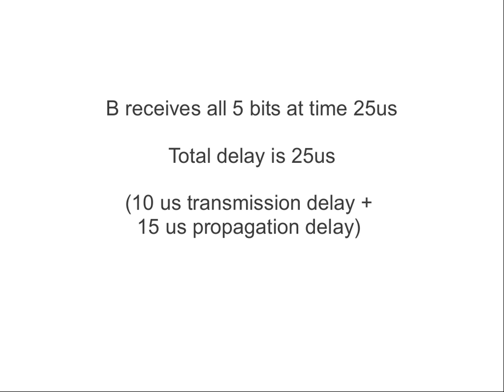The total delay now is the sum of all those components. Transmission plus propagation plus processing plus queue plus transmission, propagation, processing and back. So delay is additive in this case. You need to calculate the values or find the values for each of those components.